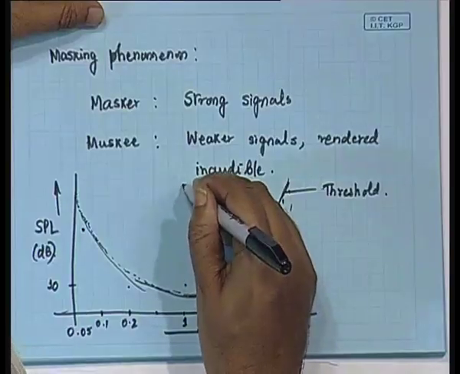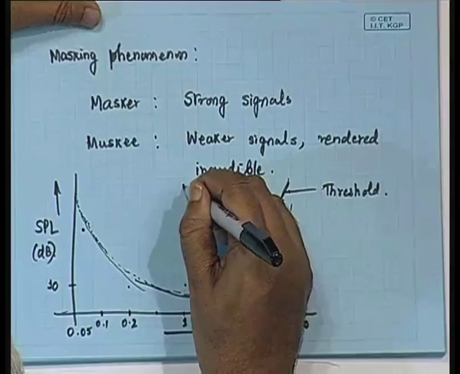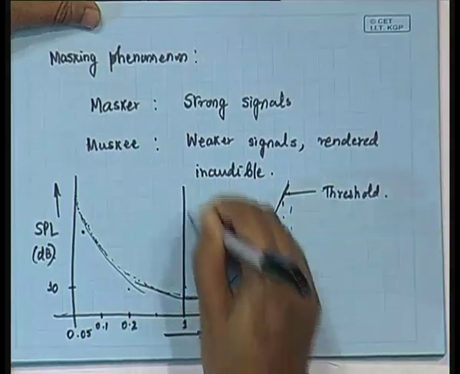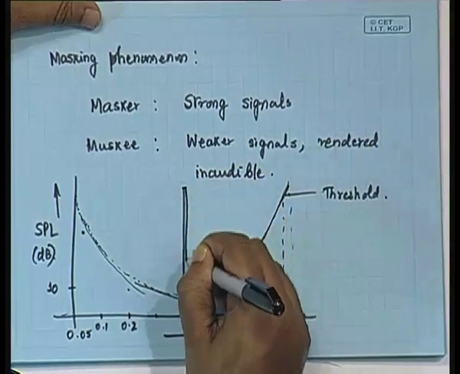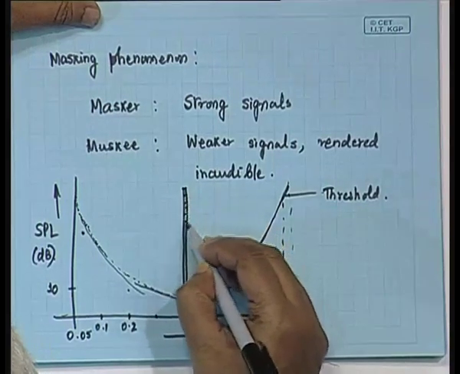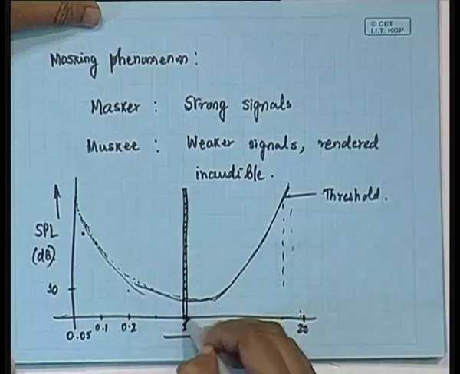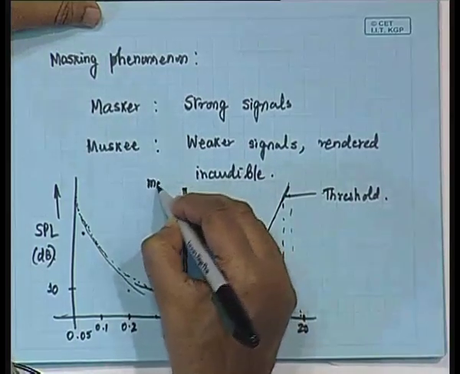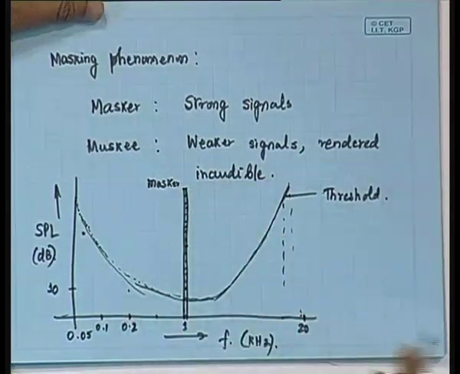Now let us suppose that at 1 kilohertz we have a very strong signal. At 1 kilohertz we have a strong signal that acts as the masker. So this is the masker at 1 kilohertz.